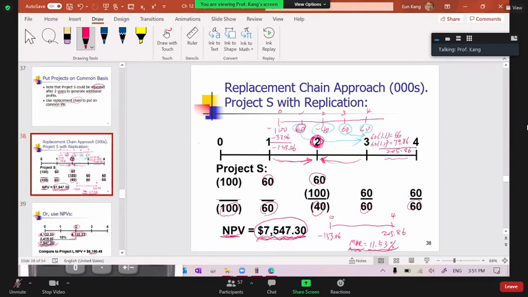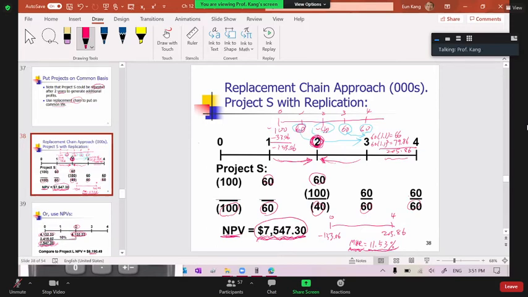So MIRR just shows you whether it is consistent with net present value in terms of whether you take the project or not, but may not be used to choose which one to choose, right?